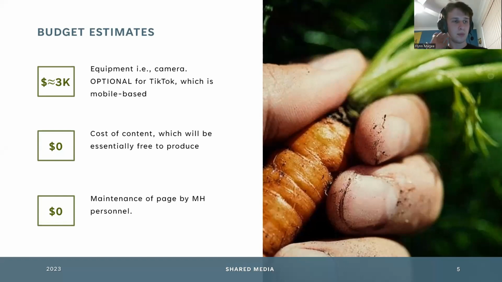But if Marathon Health was wanting to opt into that, it would be allocated roughly $3,000 from the budget towards those. But the cost of content, which, as I will explain, is essentially free to produce, as well as maintenance of the page by Marathon Health personnel.